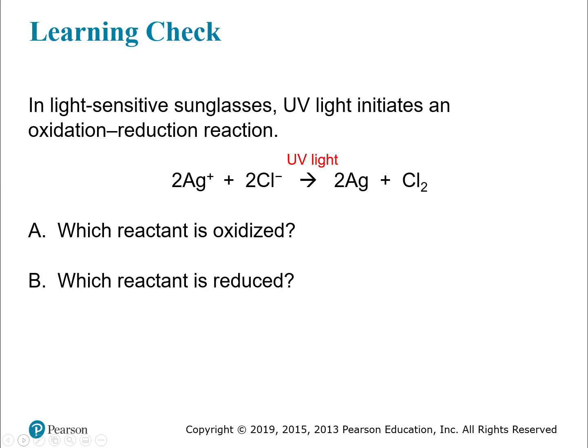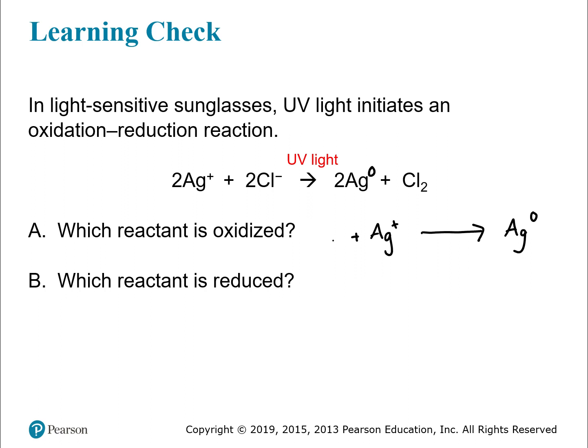Let's look at what happens to the silver. We're starting with Ag+ and we're going to Ag, which you can kind of write a 0 on here. If you don't see any kind of a charge, that means 0. So we're going from positive to 0.